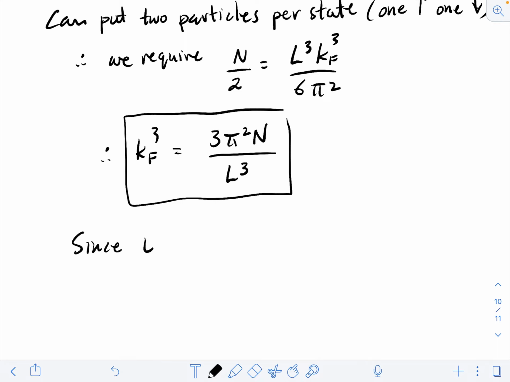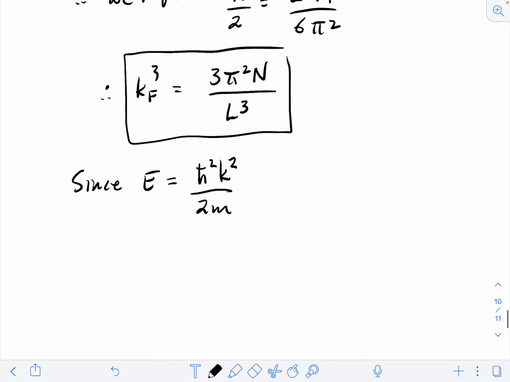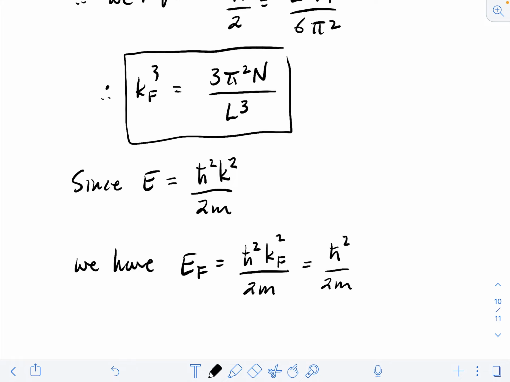And we can say since E is equal to h bar squared k squared over 2m, then the Fermi energy, which is h bar squared times the Fermi wave vector squared over 2m, is h bar squared over 2m, and kf squared is going to be this 3 pi squared n over L cubed, and it would have to be to the 2/3.